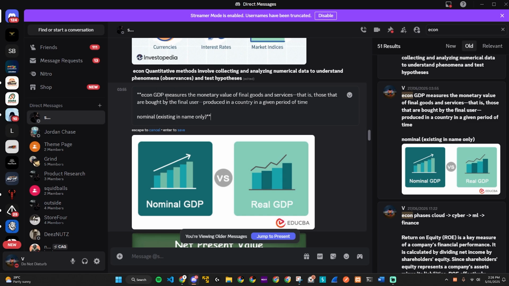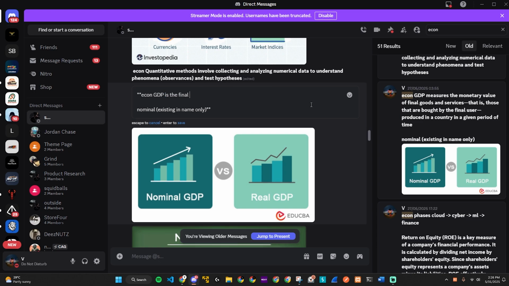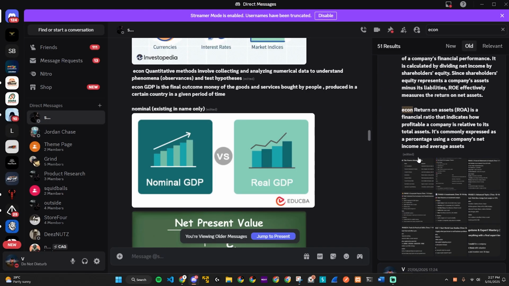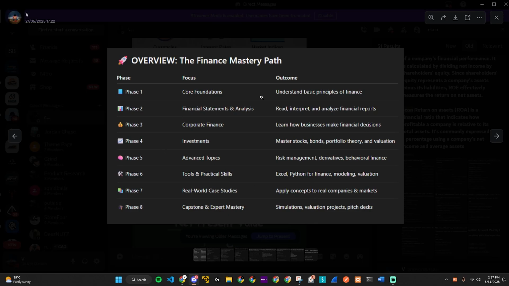GDP is the final outcome, money of the goods and services bought by people, produced in a certain country in a given period of time. Much simpler definition, isn't it? All right, let's go. Econ phase, right? Sorry, my bad. So this is just a financial mastery part.